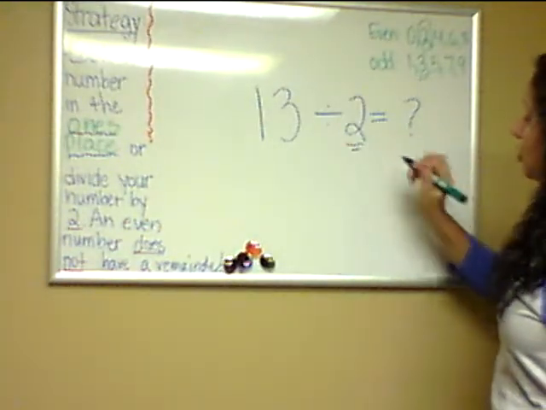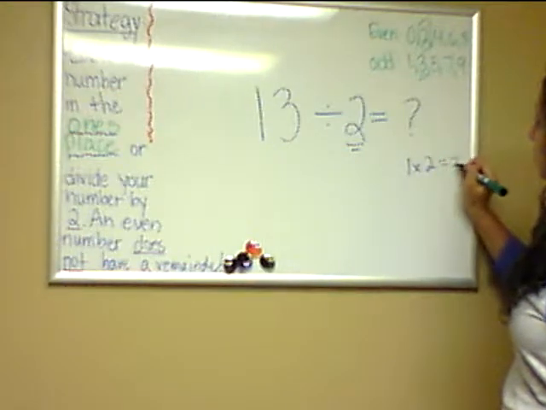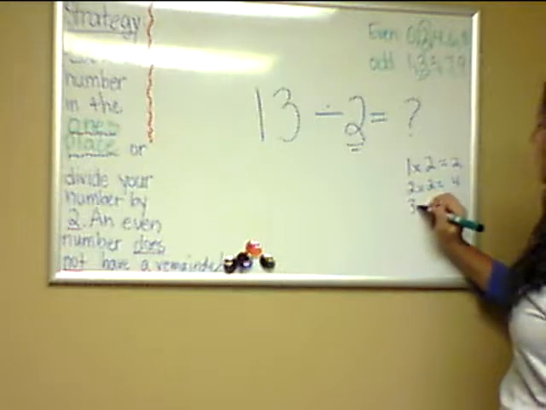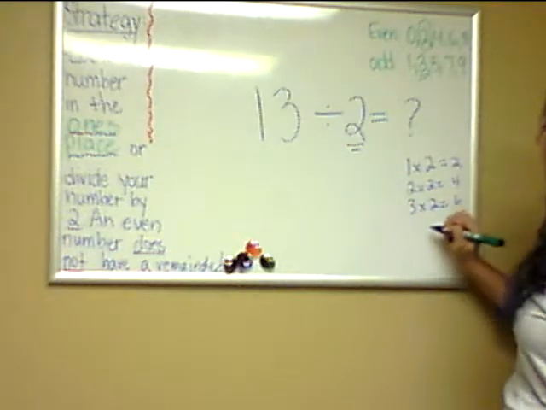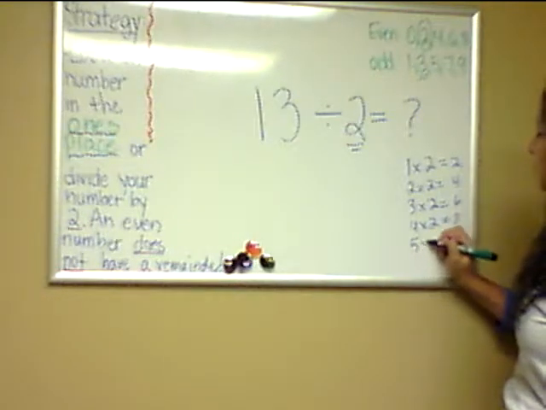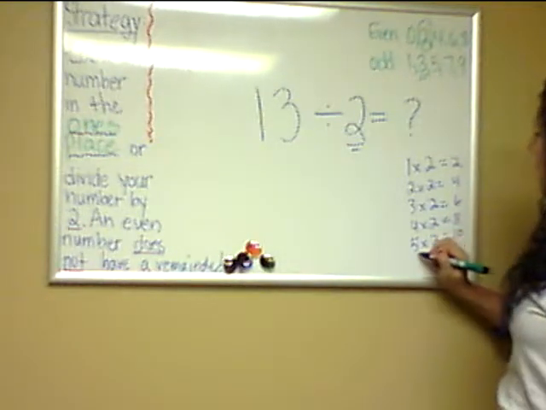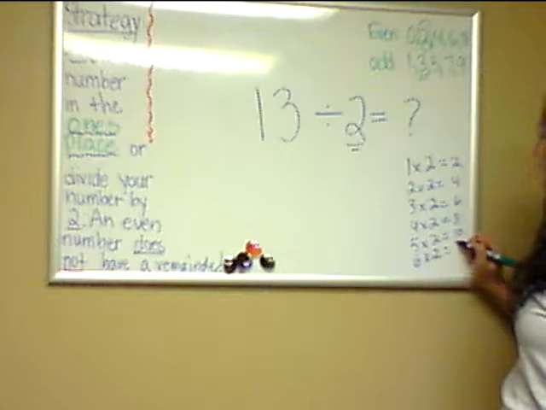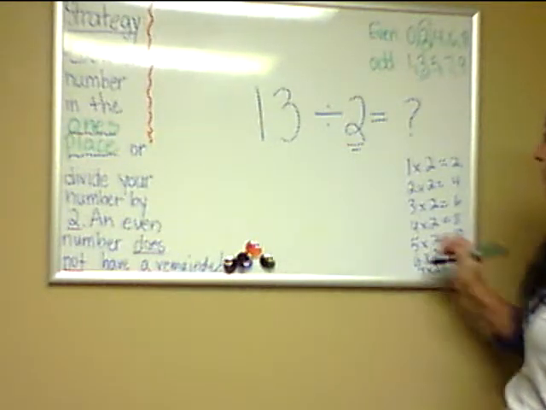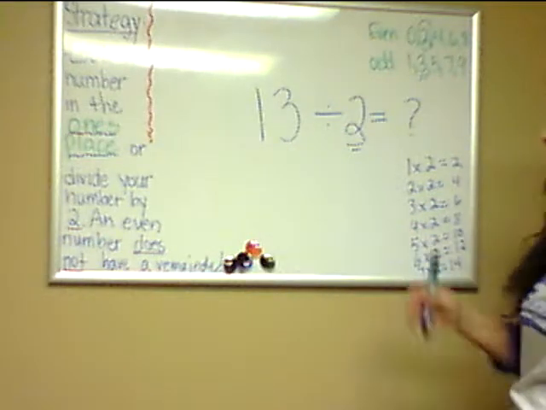For this divisor 2, 1 times 2 is 2, 2 times 2 is 4, 3 times 2 is 6, 4 times 2 is 8, keep going, 5 times 2 is 10, 6 times 2 is 12, 7 times 2 is 14. Oh, we passed it. Gotta get close and under 13.